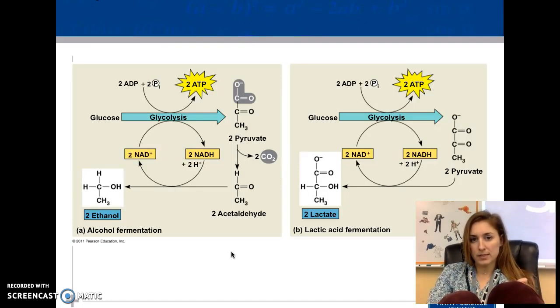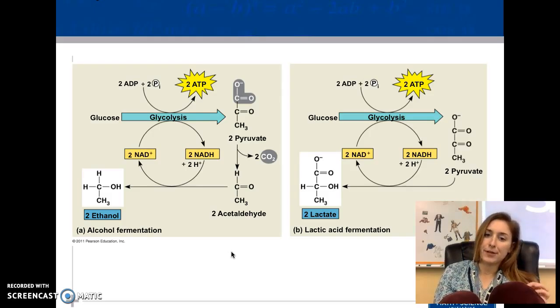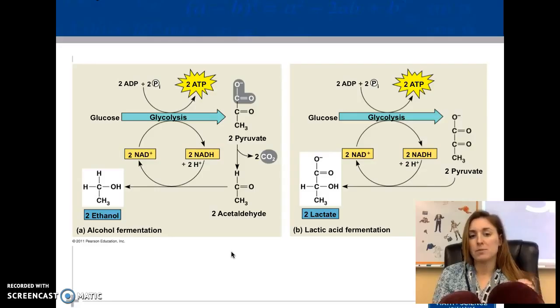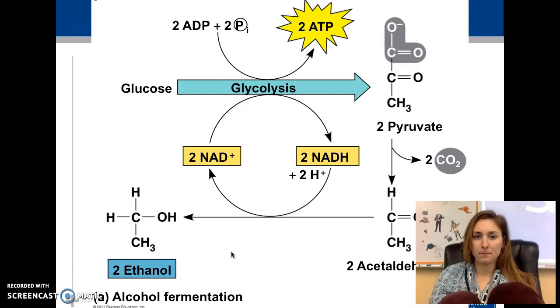If we look, basically on the left side is alcoholic fermentation. After glycolysis makes pyruvate, instead of making acetyl-CoA, it makes ethanol. In lactic acid fermentation, pyruvate is made into lactate instead of acetyl-CoA.